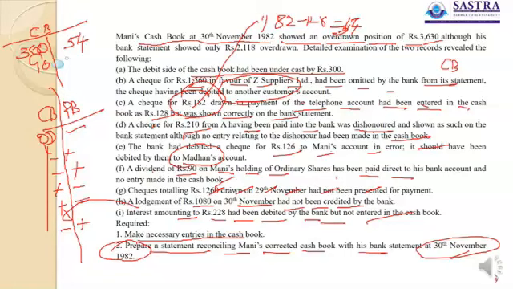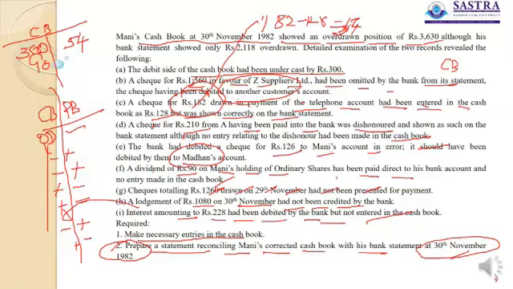And a lodgement of 1,080 on 30th November had not been credited by the bank. So go and record it that it might have been entered in the cash book as plus, whereas the passbook has not yet been credited by the bank, it being not yet collected by the bank.